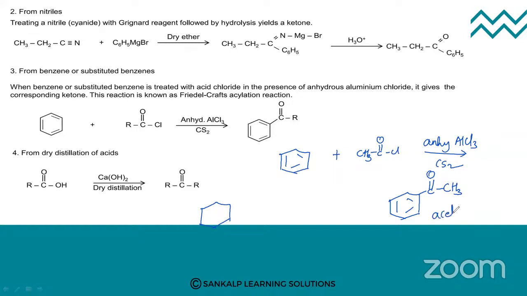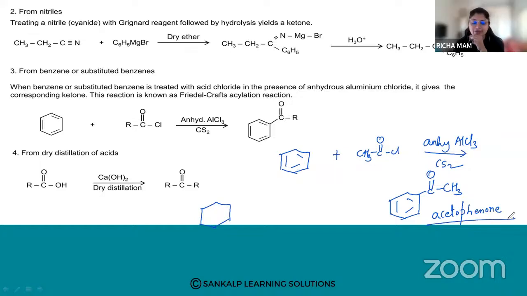What is the name of the compound? Acetophenone. So we are taking benzene and reacting it with acetyl chloride in the presence of anhydrous aluminum chloride and CS2, and we get acetophenone.